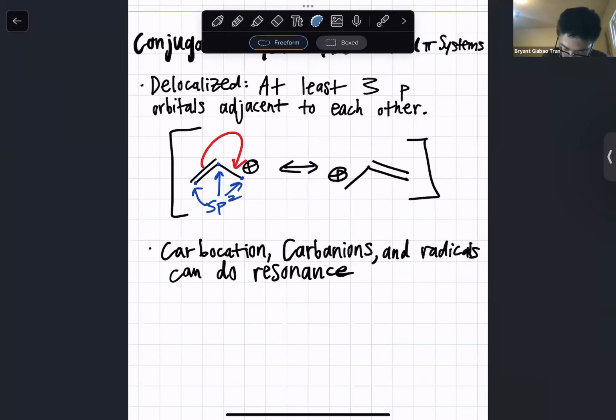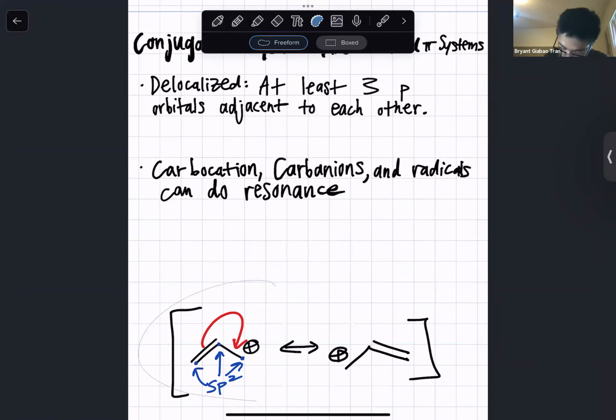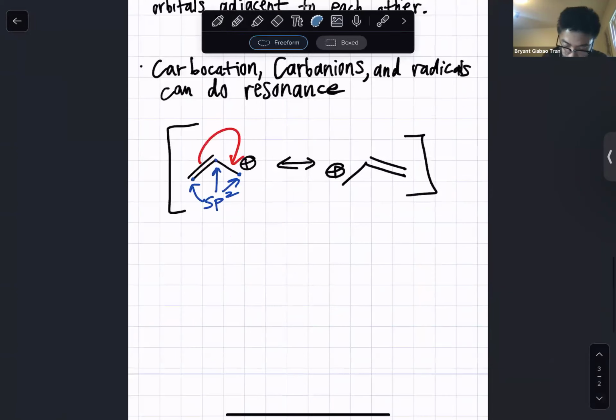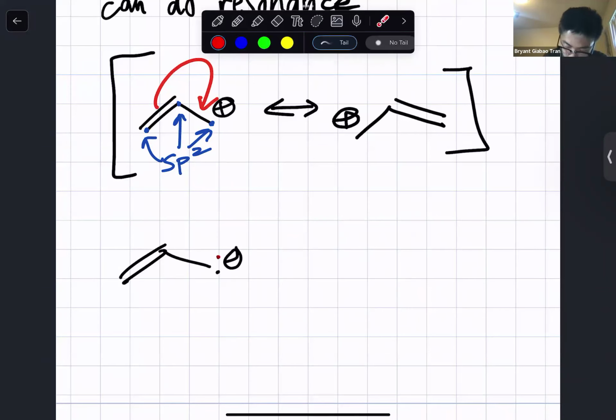This example that I just showed you is an example of a carbocation doing resonance. Now, a carbanion is a carbon having a negative charge with a lone pair of electrons. This can also do resonance, but the thing that is going to move first is that lone pair of electrons right there, which is going to make a double bond here.